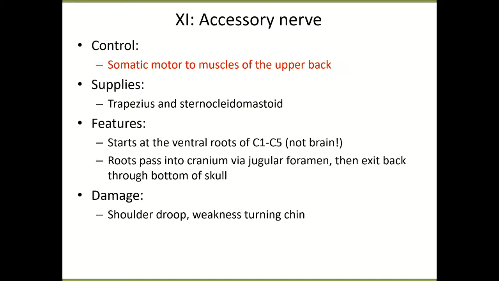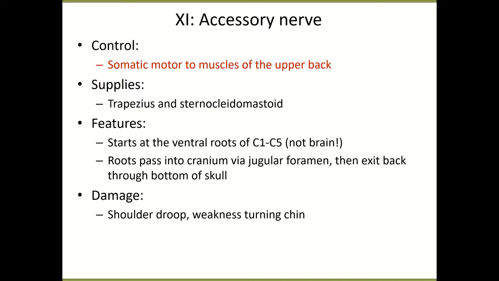If you damage this nerve, and you can by sleeping weird or by cracking your neck, damage to this nerve is pretty common amongst secretaries, people who have to spend a lot of time on their phone, right? You ever see those people who kind of prop up their phone with their shoulder? Yeah, that's damaging the accessory nerve right there.